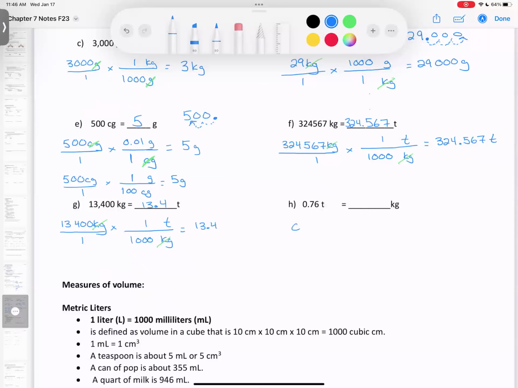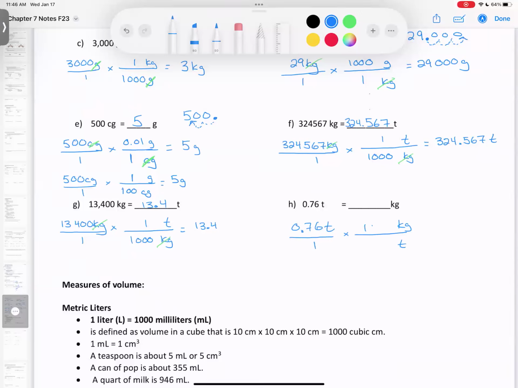Last one. We have 0.76, or I should say 76 hundredths of a ton. And this time we want to convert that to kilograms. So let's start by making it a fraction out of 1. And then we're going to multiply it by a conversion factor. We want tons to cancel. So this time tons are going on the bottom. Kilograms are going on the top.